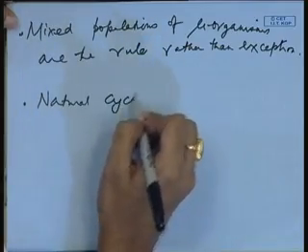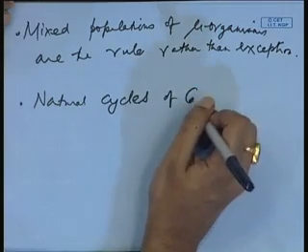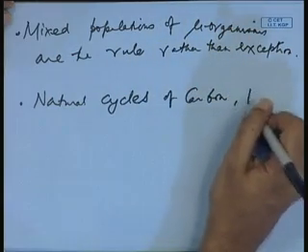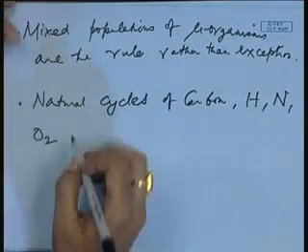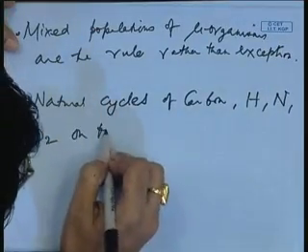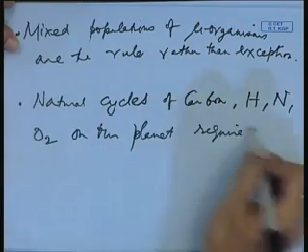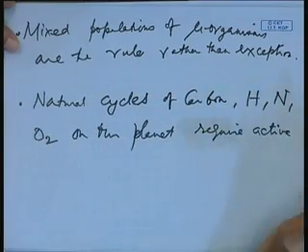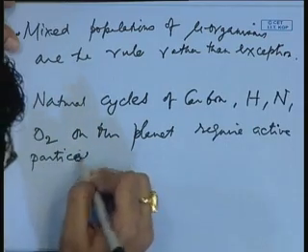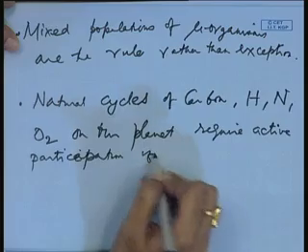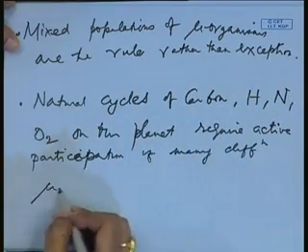Why are these multiple interacting growth models or multiple interacting bacteria important? So, natural cycles of carbon, hydrogen, nitrogen, oxygen on our planet require active participation of many different microorganisms.